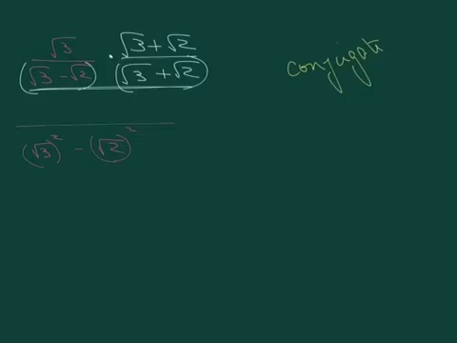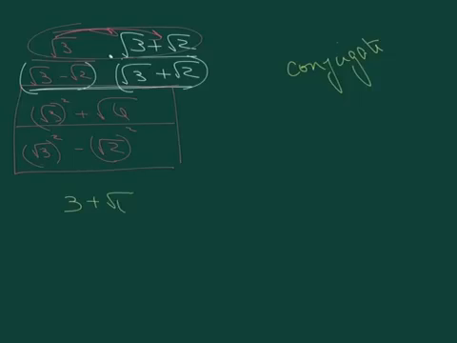Now I've got to multiply these two. So 3 times the square root of 3, 3 times the square root of 2. Okay, so that is where I'm at so far. Alright, so the square root of 3 squared is 3, plus the square root of 6.